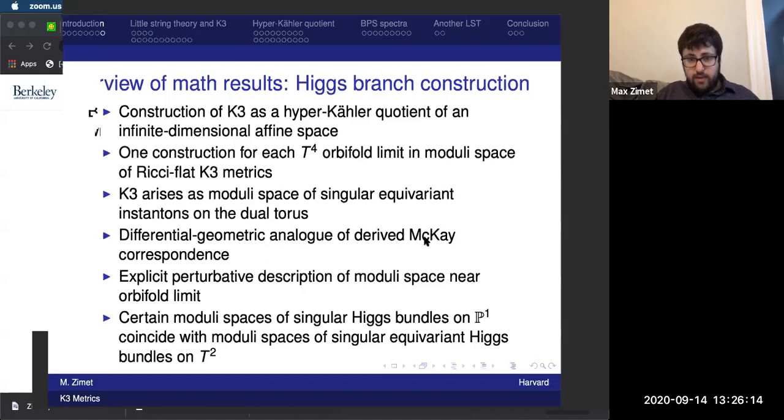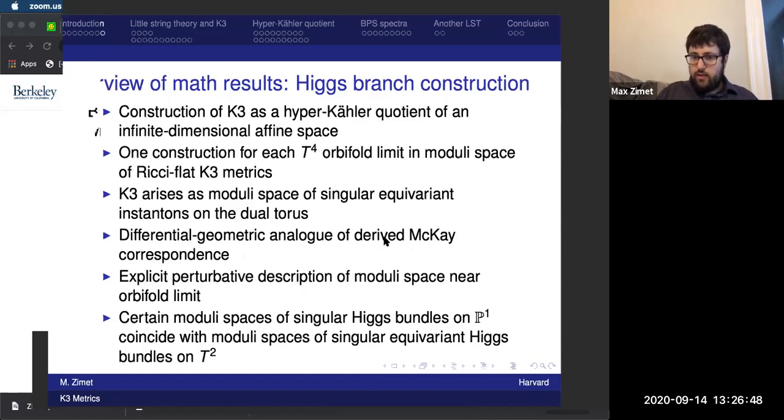Because I mentioned this derived Mackay correspondence, let me reformulate that for physicists real quick. There's a familiar idea where a nonlinear sigma model on K3 is the exact same CFT as a torus orbifold deformed by certain twisted sector moduli which resolve the orbifold. Now if you think about D-branes in the string vacuum defined by that CFT, then you get two different descriptions of those D-branes.